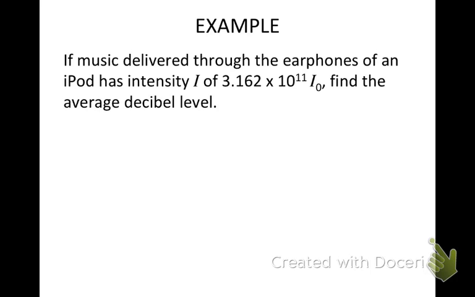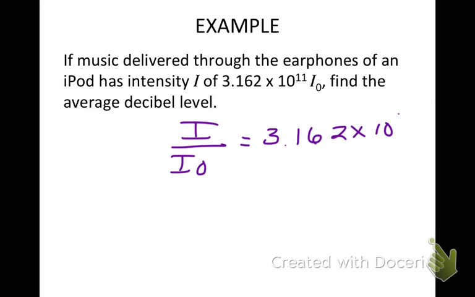Why does it say I of 3.162 times 10 to the 11th I sub 0? Oh, I think that's just the number that goes in place there. So my I divided by I sub 0 is equal to 3.162 times 10 to the 11th. That's what's happening.